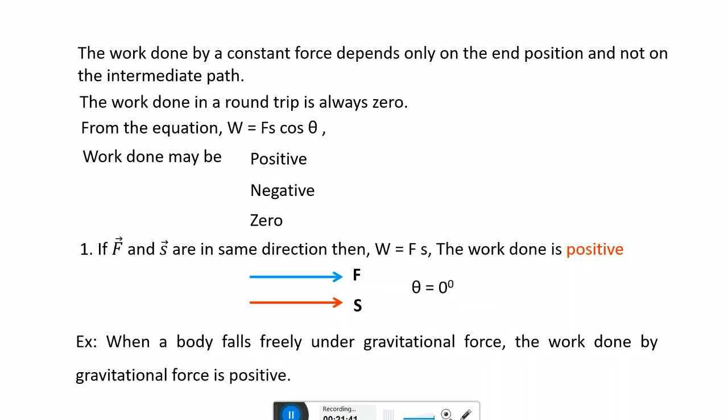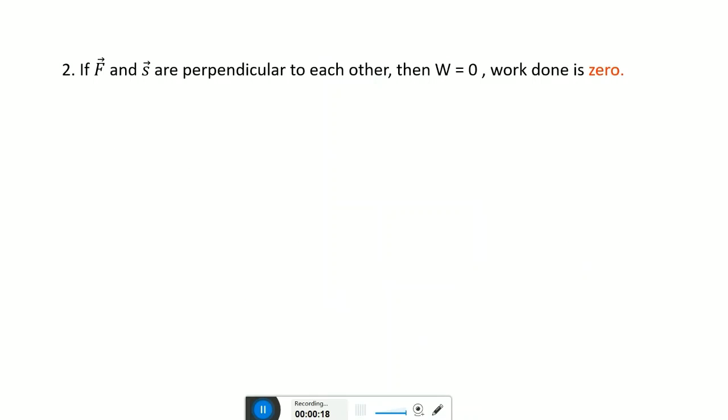An example of positive work done is when a body falls freely under gravitational force, then work done by the gravitational force is positive. If vector F and vector s are perpendicular to each other, then W is equal to 0, that is work done is 0.